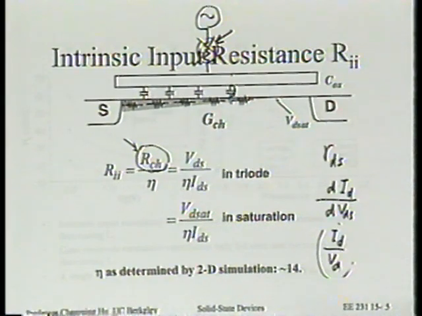And the next question is, what about in the saturation region? Should we still use VDS over IDsat? Or should it be VDsat over IDsat, or VDS over VDsat over IDS? Something to think about. Maybe you want to think about it, and if you have questions, you can bring them back for discussion. So this is what we decided to do. It really should be VDsat over IDS in here, and this is again very nice.